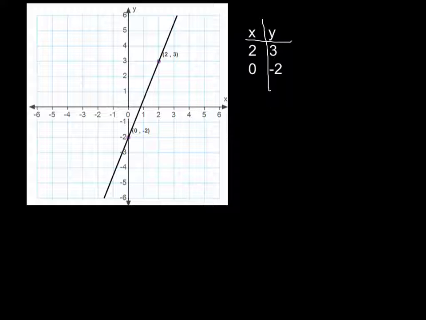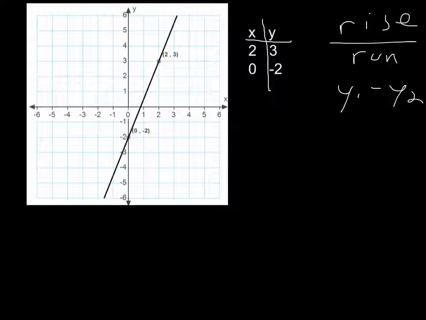Just like in the first problem, slope equals rise over run, which equals y1 minus y2 divided by x1 minus x2. 3 minus negative 2 is the same as plus 2.